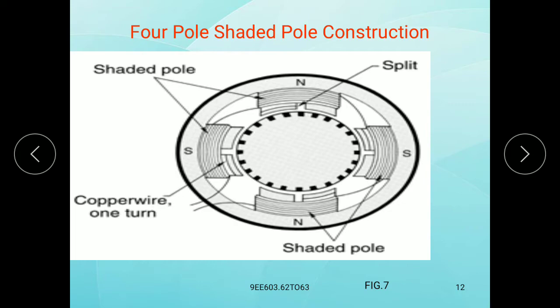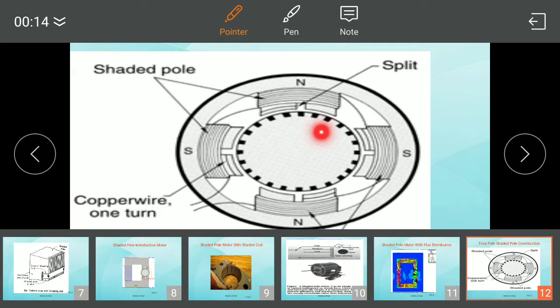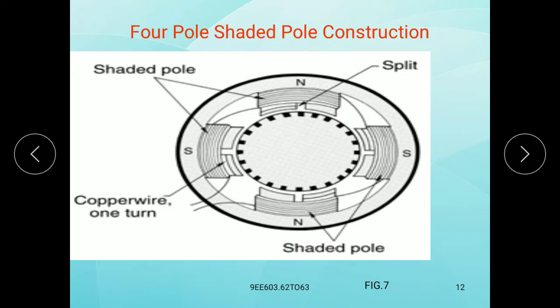Here they are showing the 4-pole shaded pole construction. These are the shaded poles and this is the split. Here the copper wire. Poles are north, south, north, south.